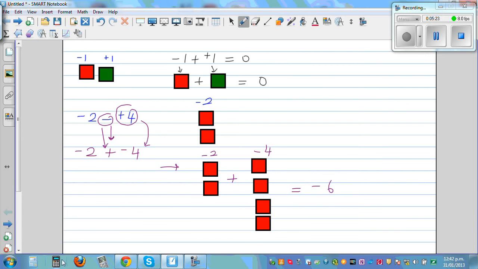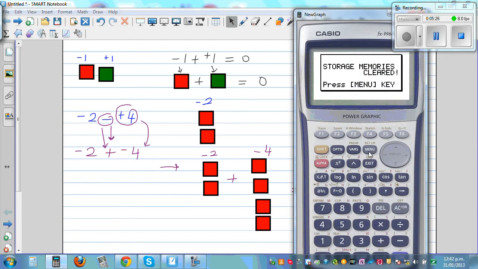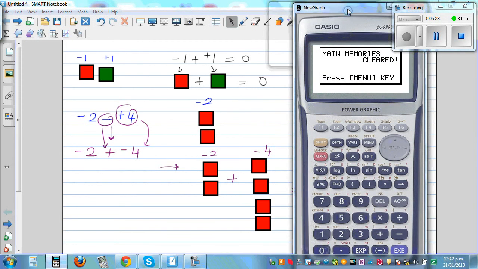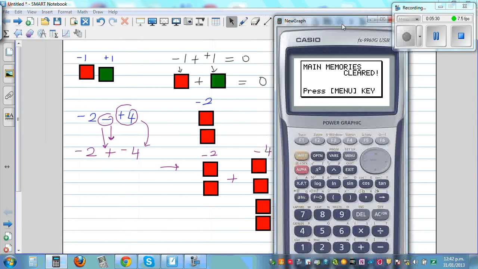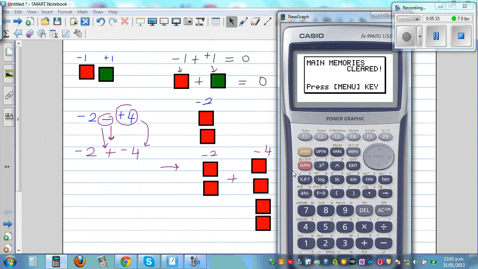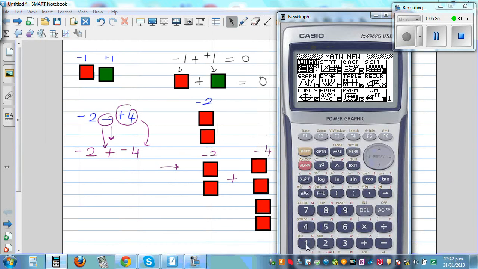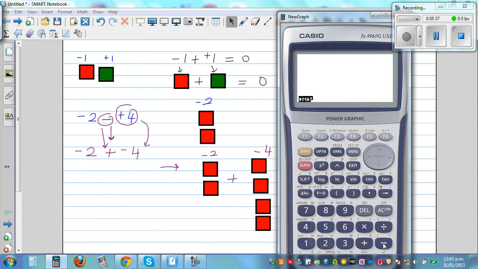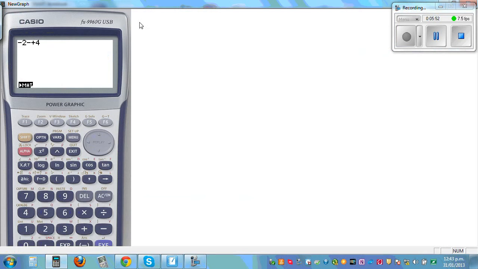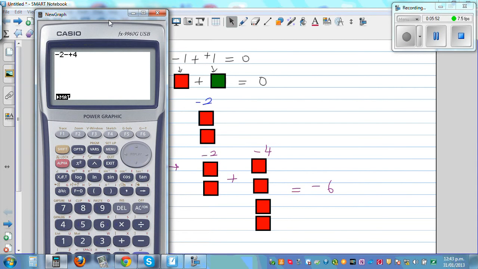Let me show this on a calculator. This is a graphic calculator. This and this are the same. Let me go to menu and run. First we type negative 2, take away plus 4, and the equals sign gives negative 6.